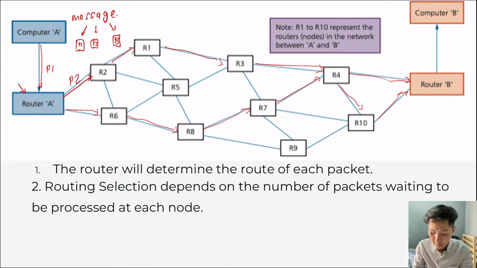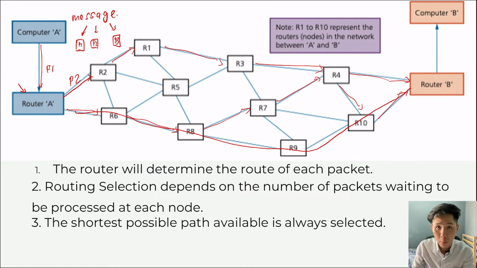So routing selection depends on the number of packets waiting to be processed at each node, which means the router decides which path the packet should take depending on how busy a particular lane is. And the shortest possible path available is always selected. That ensures that the message can arrive quickly.